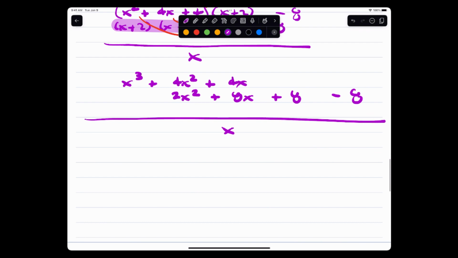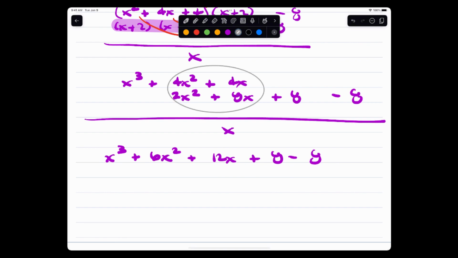So you say, why did I do that? Because I can actually very easily do my arithmetic. Right in here is what I'm saying. You can add these like terms here. And then this is going to be over x.